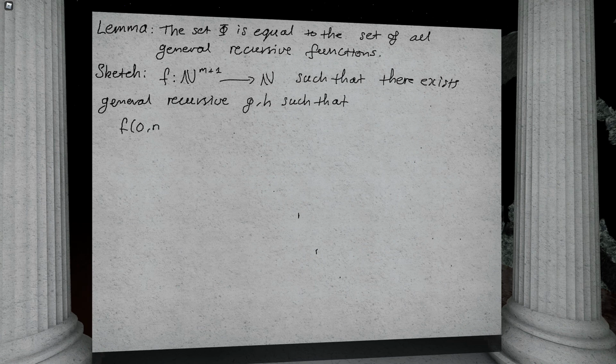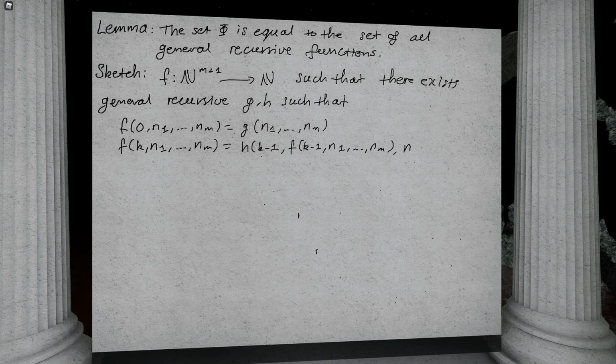So f of 0, n1 up to nm is equal to g of n1 up to nm, and f of k, n1 up to nm for k greater than 0 is equal to h of k minus 1, f of k minus 1, n1 up to nm, and then I'm also allowed to use the data of n1 up to nm itself.